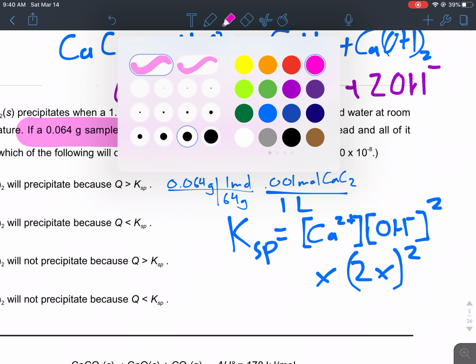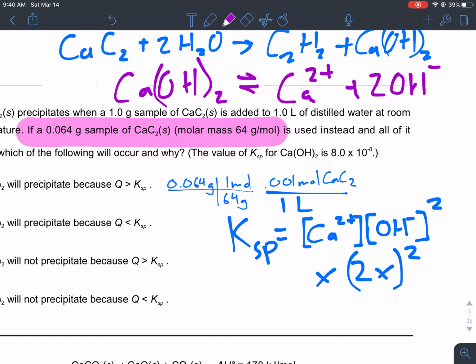So let me be clear. Not only does this 2 OH double the amount of your OH, but in addition to that, it also becomes this coefficient, because when you do a K, you do products over reactants, and the coefficients become exponents. So it does double duty here.